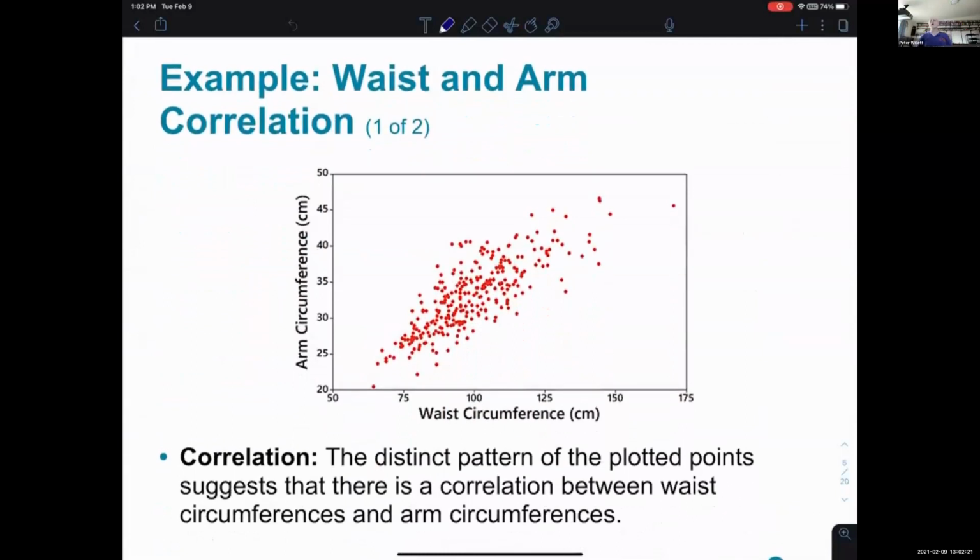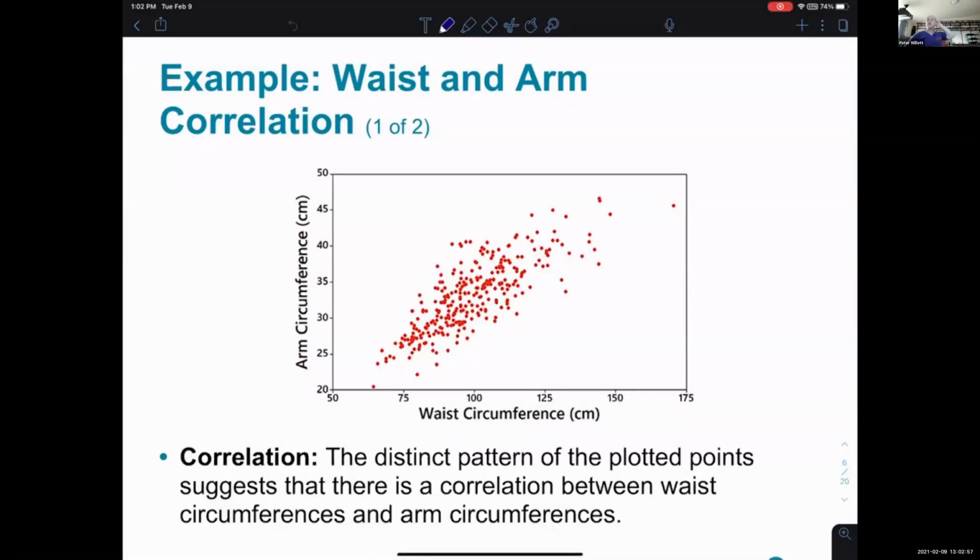All right, so this is what an example of a scatter plot would look like. And it also means that what we're looking at is points where each point on the graph represents one of our paired data value sets. Like in this case, the two things they measured was waist circumference, distance or length around your waist in centimeters, and arm circumference, size around your arm measured in centimeters, maybe like with a tape measure.